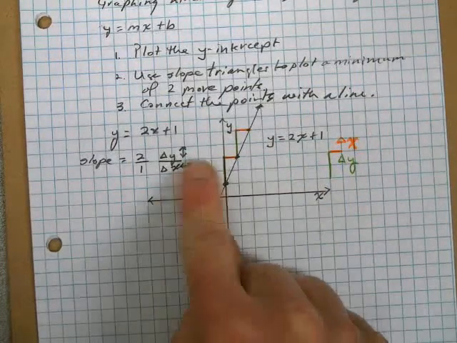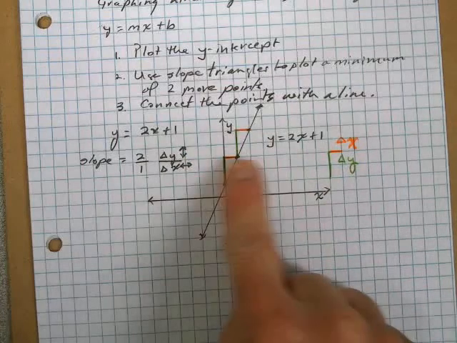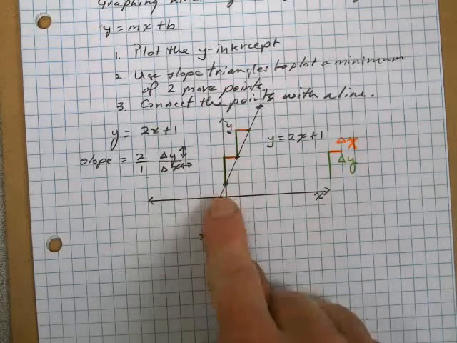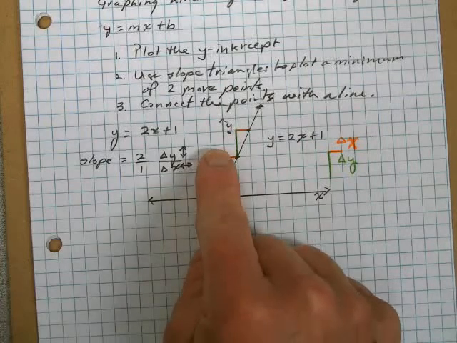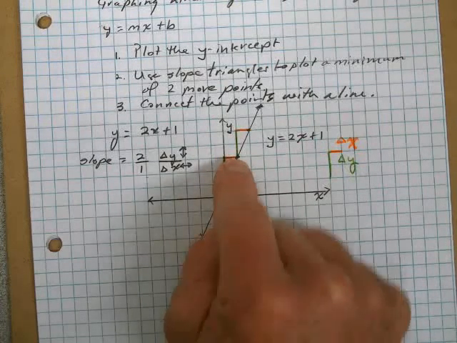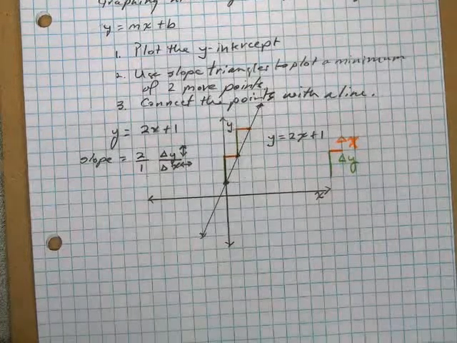So we have delta y is 2, delta x is 1, and here are our slope triangles that identify those. 2 in the vertical direction, 1 in the horizontal direction. Again, 2 in the vertical direction, 1 in the horizontal direction.